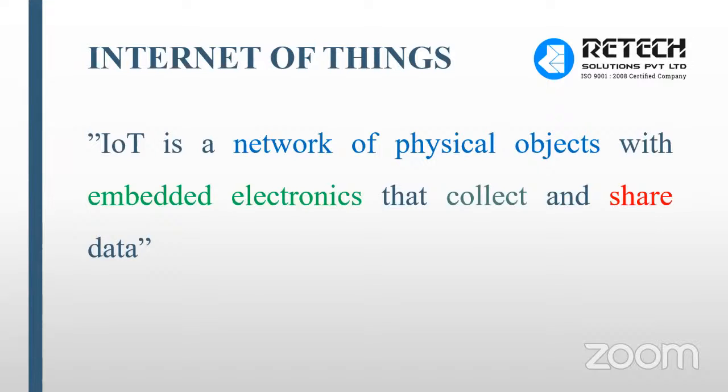These are also wireless. Bluetooth is a wireless communication, RF transmitter and receiver are also wireless communication, and the Internet is also a wireless communication. Then why will the Internet of Things be most famous?